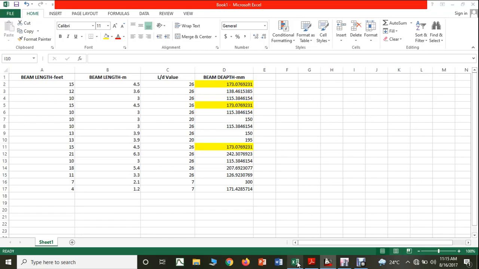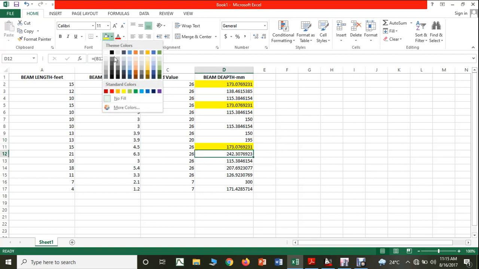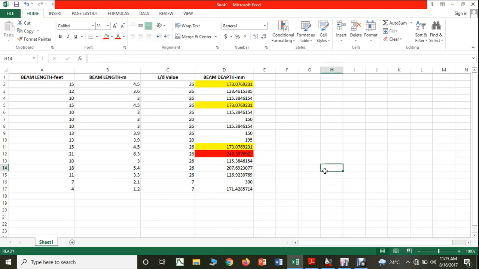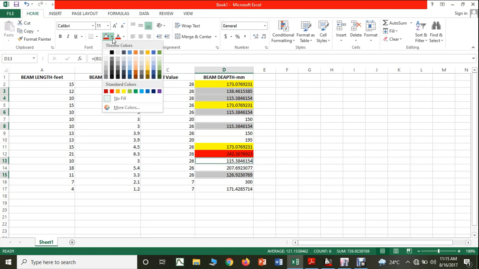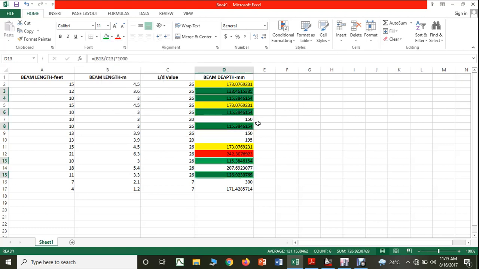Okay, so according to that, this 242 is the highest one, so I will make it a different color. Then this 126, 138, 115, 115. Okay, this 115, this 115, so that we can categorize in one color.